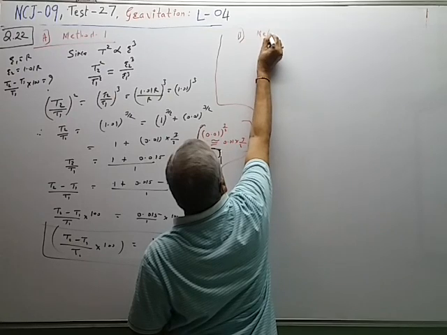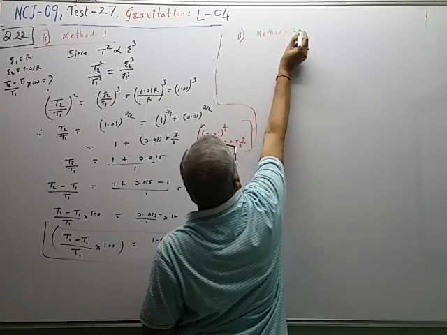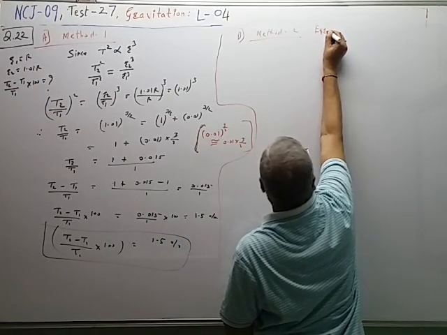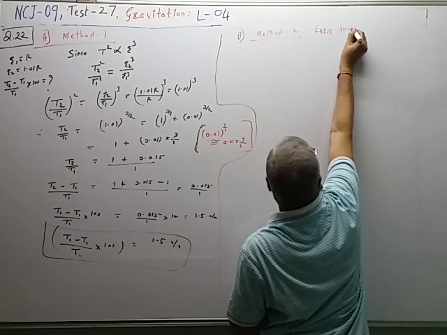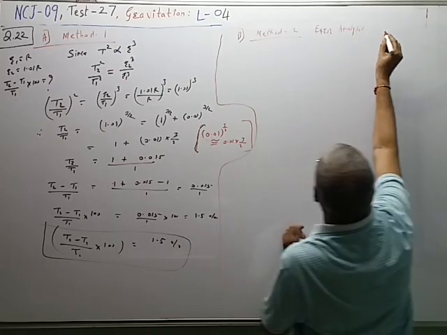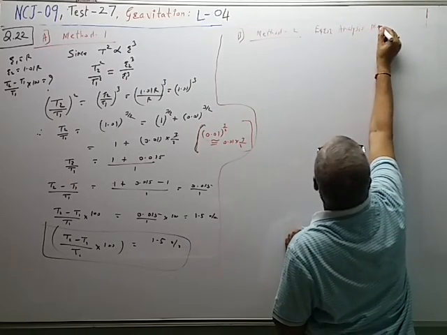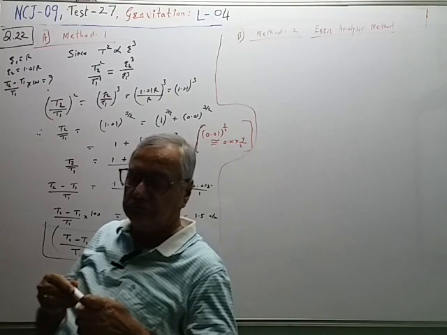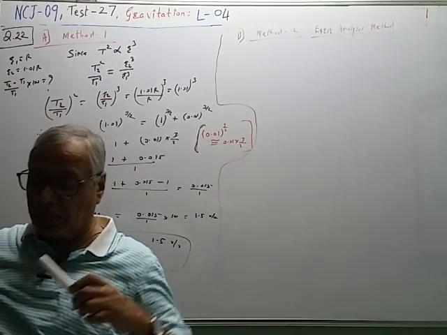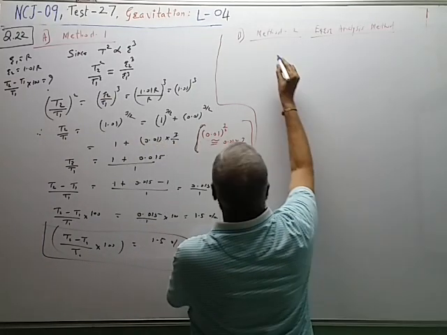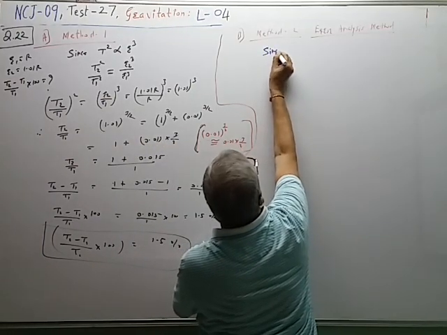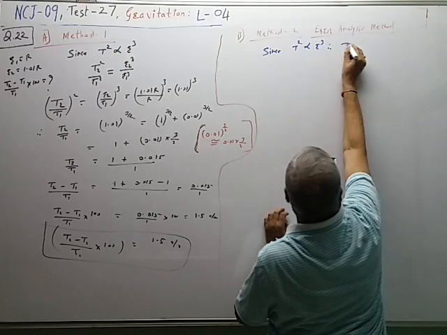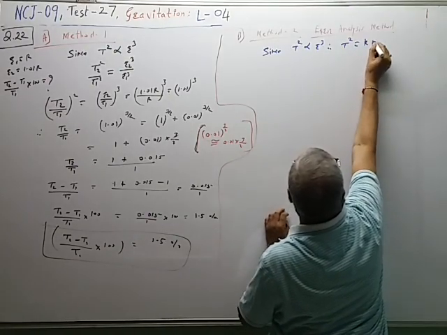Method number 2. Error analysis method. Since T square is directly proportional to R cube, therefore T square is equal to K R cube.